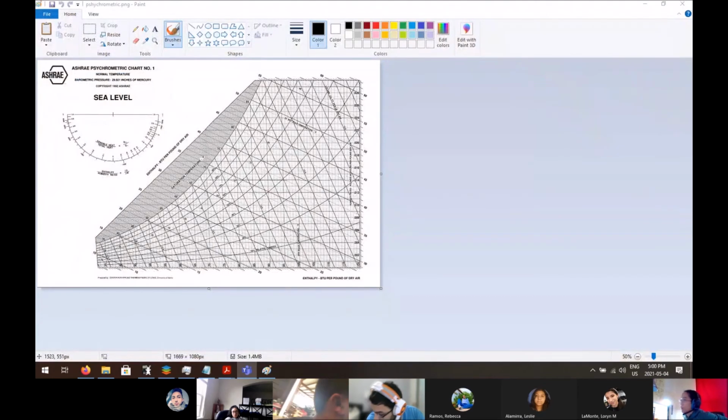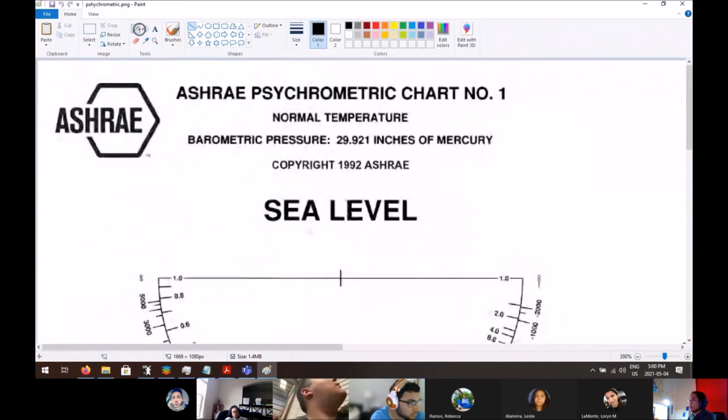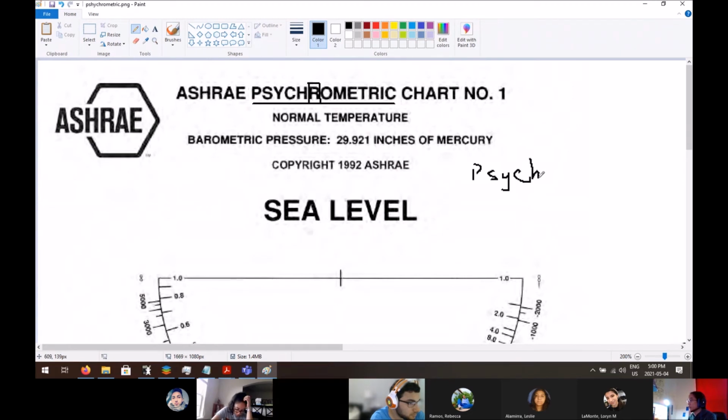So, psychrometrics. One thing real quick before we start. Just take a look at this. Psychrometric. There's an R in there. It's not psychometric. Not psycho.